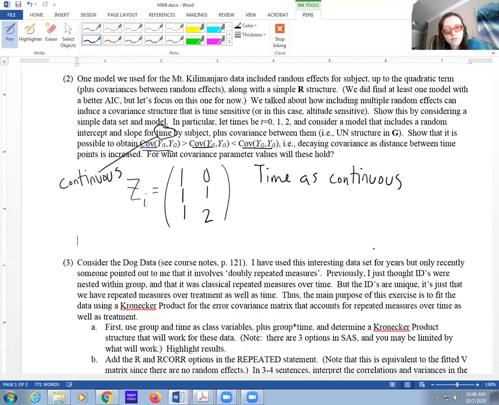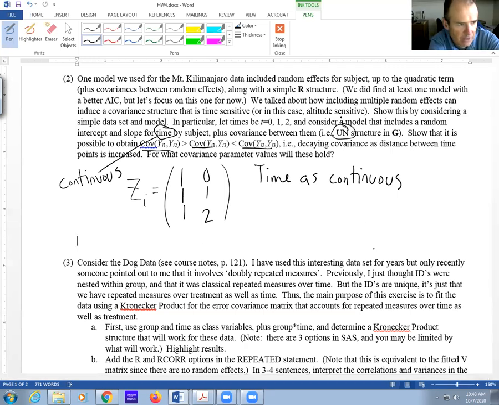You have your Z matrix, and then what's the size of G for this? 2 by 2. Yeah, it's a 2 by 2, and we're using the unstructured, which means that you're allowing a covariance between the intercept and slope.